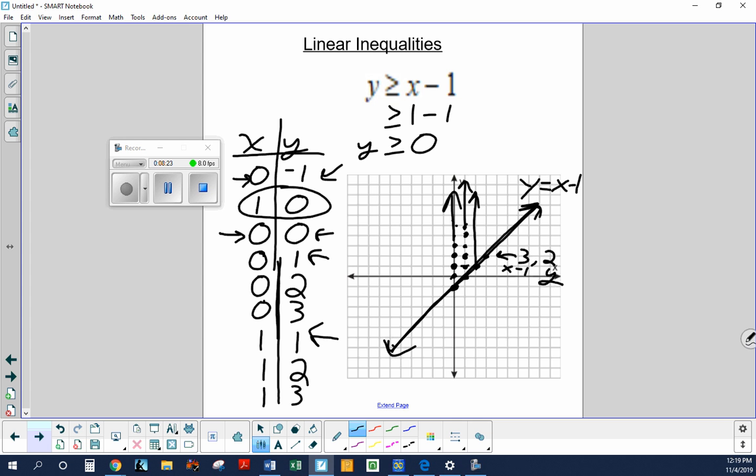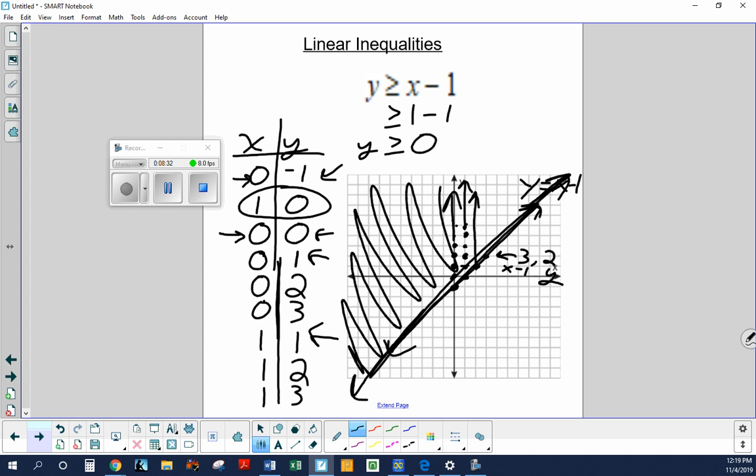So to show that, we draw our line, and we usually want to draw it as long as we can all the way across the graph, and then we simply shade everything either above or below the line. The line itself represents everything where y is equal to x minus 1. The shading shows you also that y can be anything equal to or greater than x minus 1.